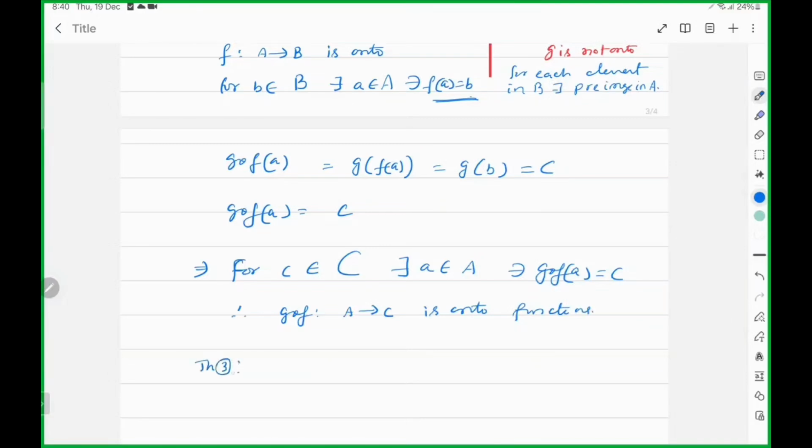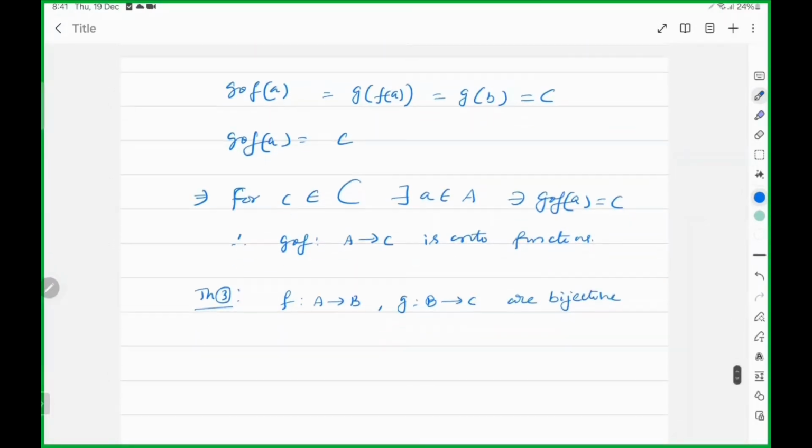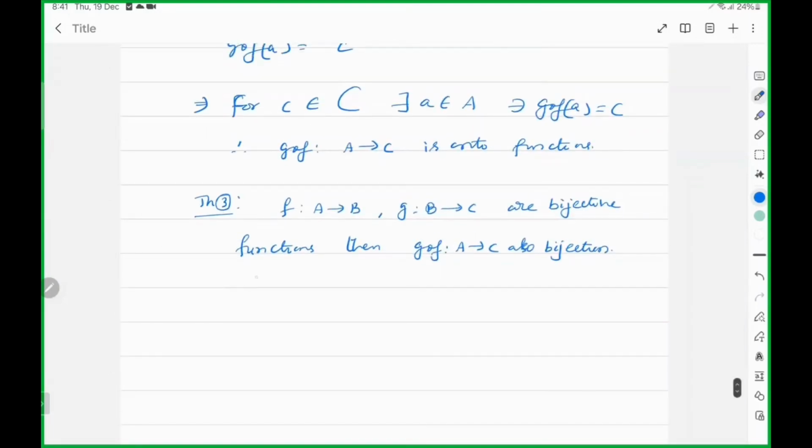Another theorem: if f mapping from A to B and g mapping from B to C are bijective functions, then g circle f is also a bijection.